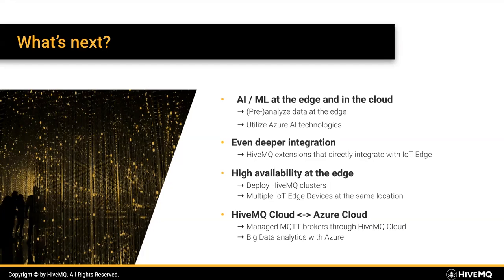You can also look for more high availability at the edge, which means you can deploy HiveMQ in high availability, fault-tolerant clusters, and you could also deploy more than one edge device if you need redundancy.